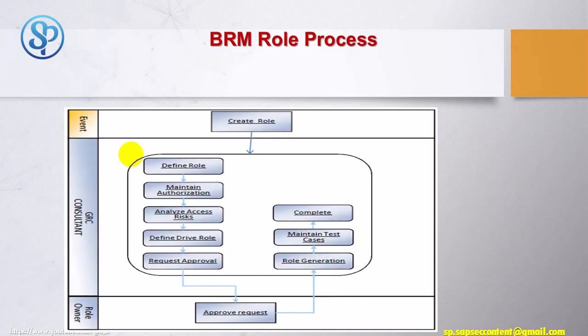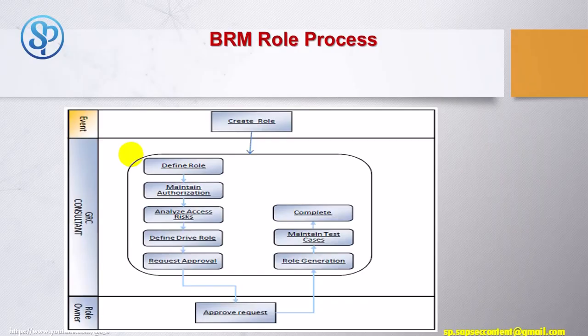He verifies whether the authorization values, org values, and everything are maintained properly. As soon as he approves the request, then we'll generate the role in the GRC system. Generate means there are methodology steps that should come to the next stage.